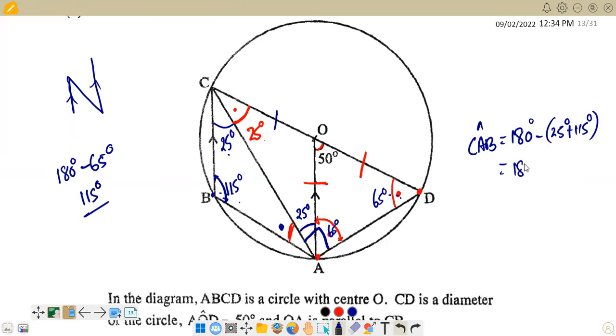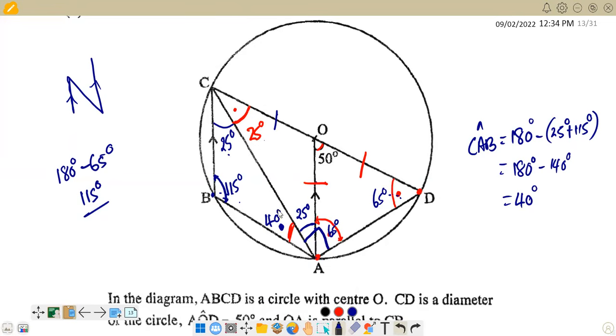Okay, so that will be 180 minus, let's just combine, guys. We're going to have 140 here. Then we subtract, 180 minus 140, which is 40 degrees. Okay, so this angle here is going to be 40 degrees.